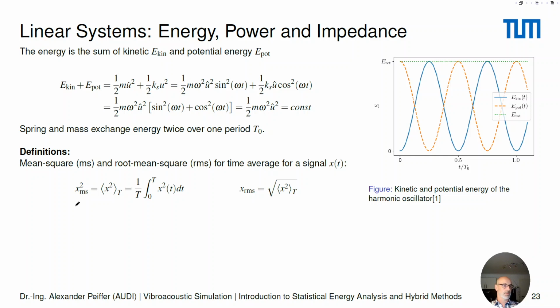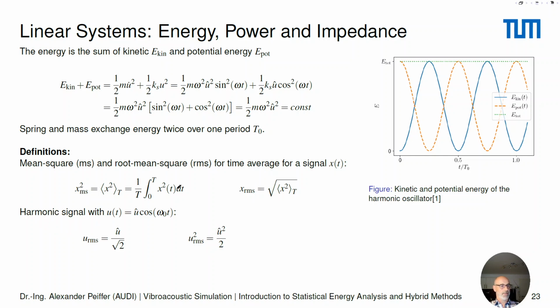So we introduce the mean square value, which is this one. So this is just the average square value of whatever given signal. It could be displacement or pressure. And if we take the root of it, it's the so-called root mean square value, which is the root of our mean square value.